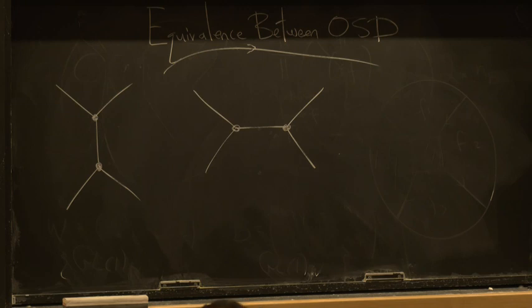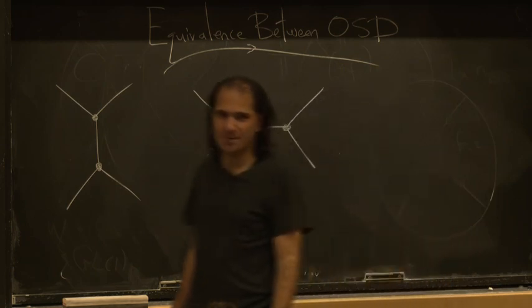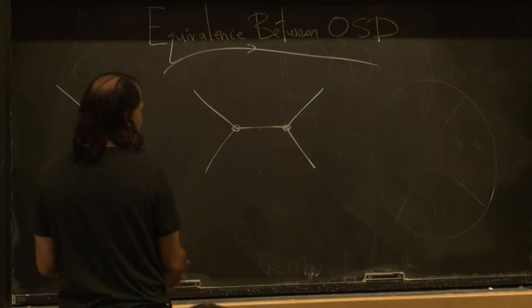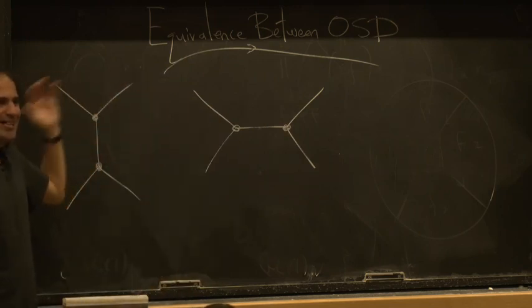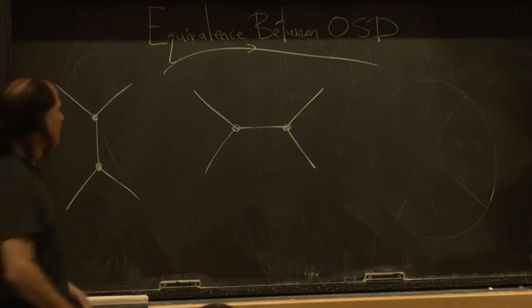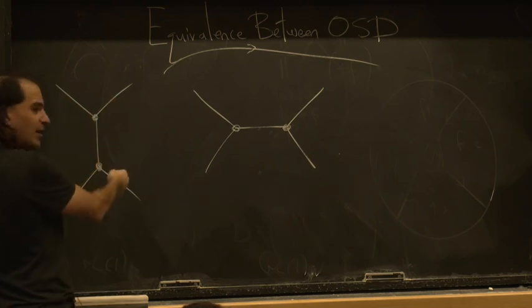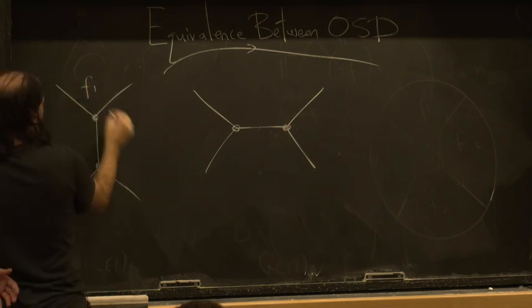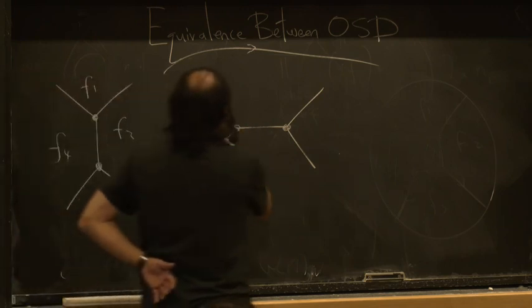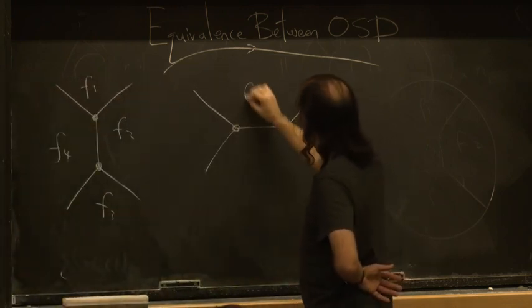So that was our intuitive way of concluding that these things have to be the same. Here we can also very trivially see that they're the same, in the sense that these 2 pictures, whatever else is going on in the graph, are going to generate exactly the same k by n matrix, exactly the same point in the Grassmannian. If I say it invariantly in terms of the face variables, if I had some face variables f1, f2, f3, f4, then I have to have some f1 prime, f2 prime, f3 prime, f4 prime.